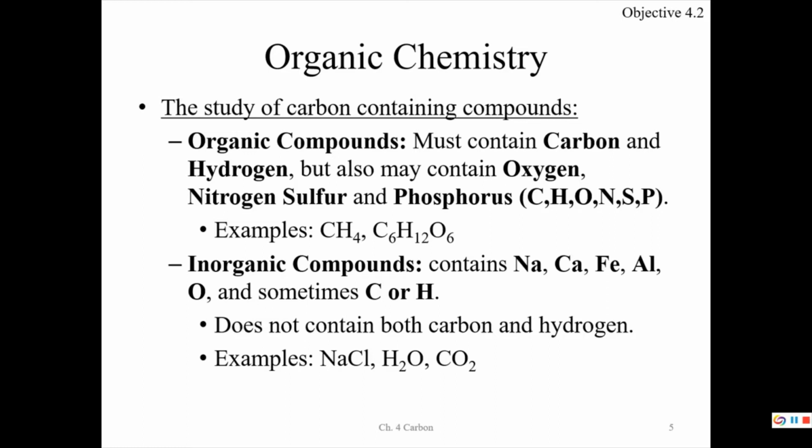Okay, so I do want to make sure that you understand there are exceptions to everything. But this is a great general rule to know that organics must have carbon and hydrogen. They can have some other things. Inorganics don't have both. Okay, and that's the best clear, simple, clear-cut rule I can give you.